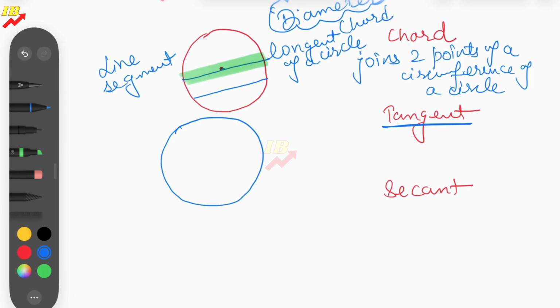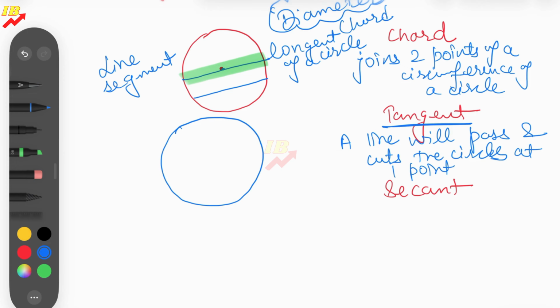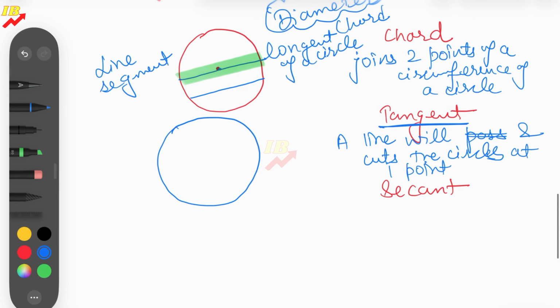In a tangent, a line touches the circle at one point. The exact word we can use here is that it touches the circle at one point.